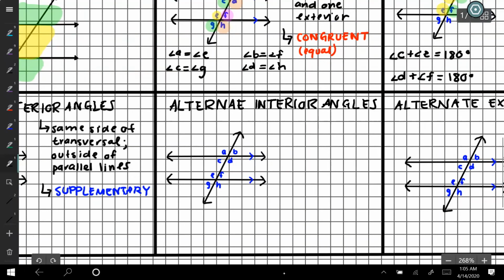Next one is our alternate interior angles. Alright, so alternate here means opposite sides of the transversal.